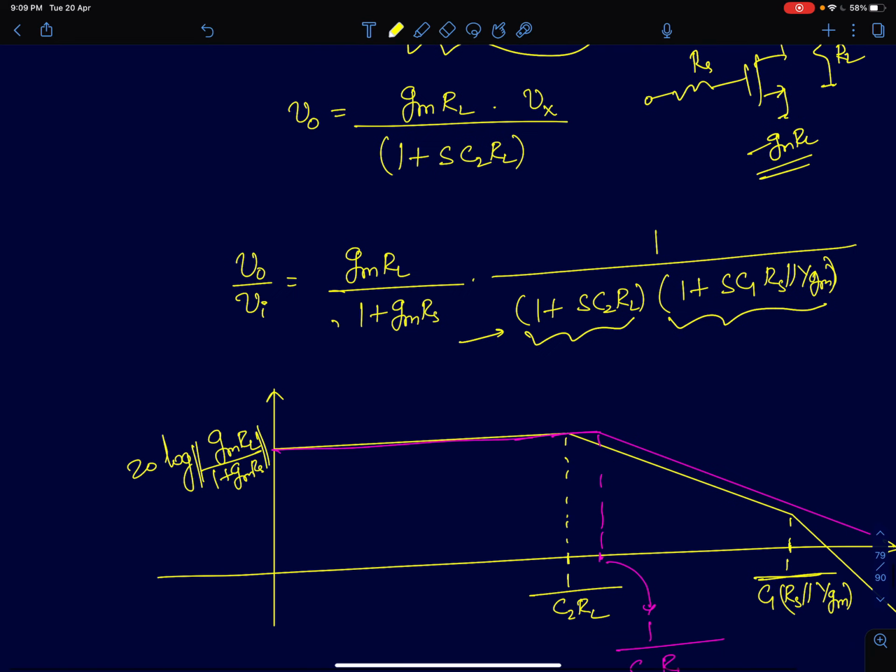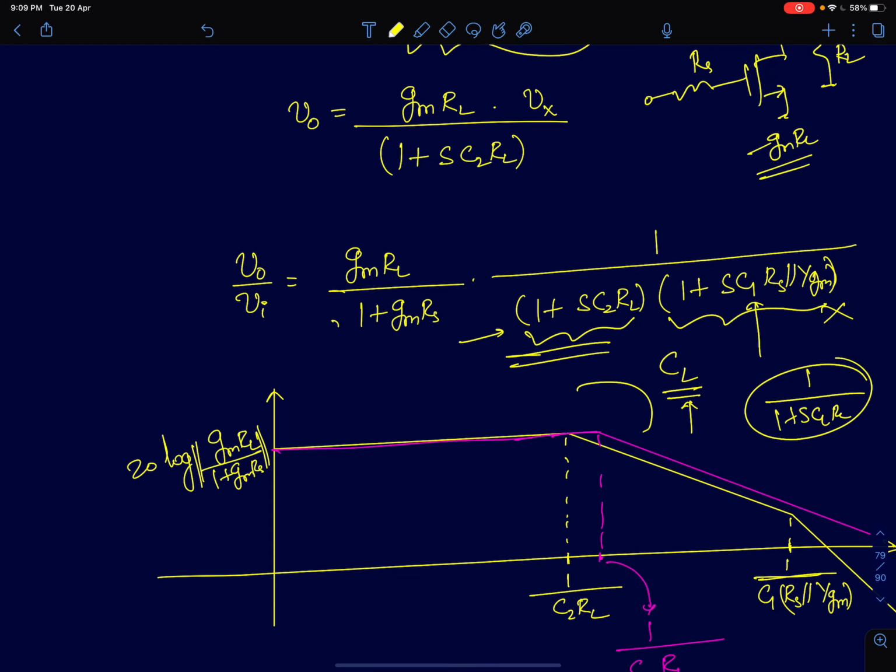I am going to assume that there was a large load capacitance at the output, CL, which is much greater than the parasitic capacitors. So previously, let's assume there was only one capacitor, RL, CL, and there were no parasitic capacitors. So C1 is purely parasitic, which is CGS plus CSB, so that is 0. So this pole doesn't exist. You'll have only one pole, which is 1 by 1 plus S CL RL.